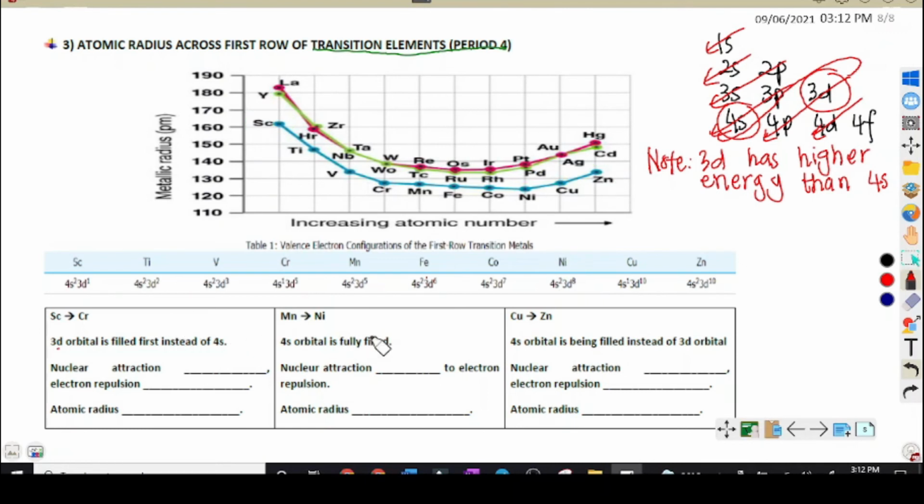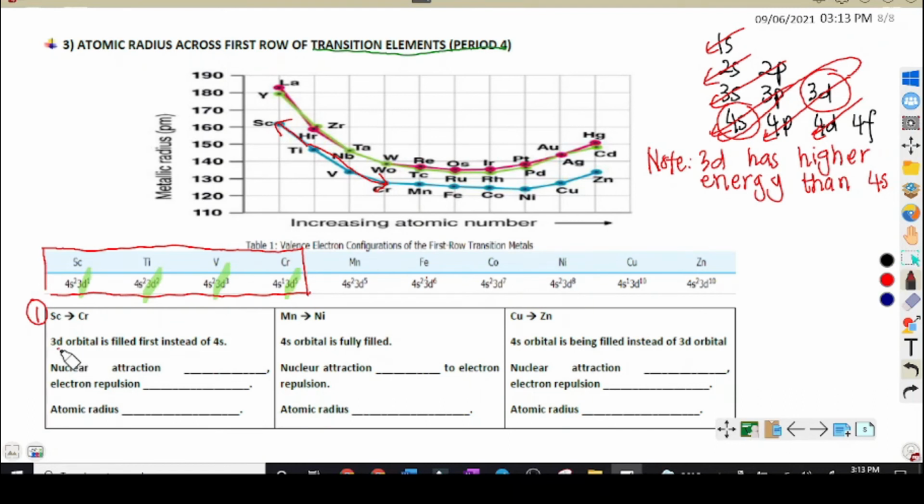So we've got 3 trends in here. The first one is going from scandium to chromium. The atomic radius will decrease. So let's look at their valence shell. For scandium, titanium, vanadium, and chromium, the 4s is filled, meanwhile the 3d is filled with 1, 2, 3, and 5.